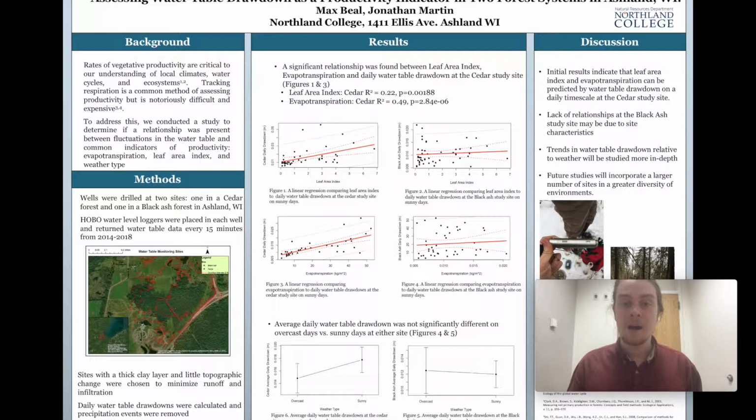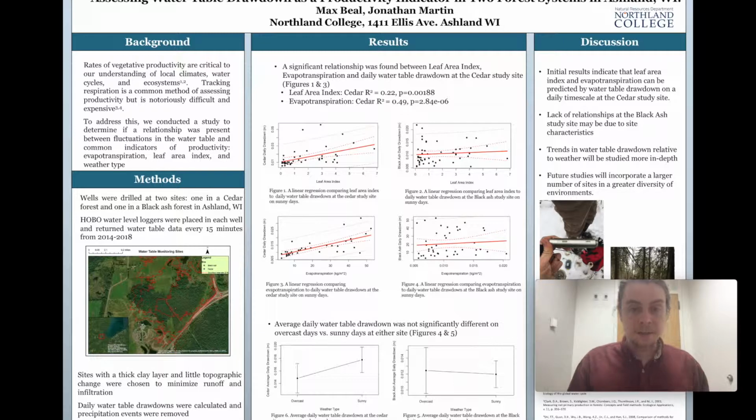So what we found when we compared our drawdown to these indicators is that there was a significant positive correlation between leaf area index and daily drawdown, as well as evapotranspiration and daily drawdown, but only at our cedar study site. And as you can see here, our cedar study site graphs are on the left-hand side of the results panel.